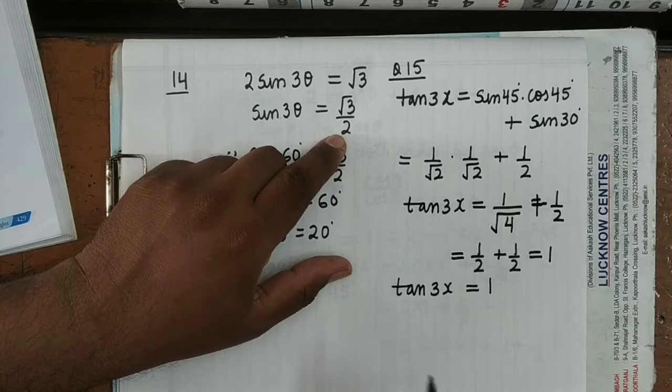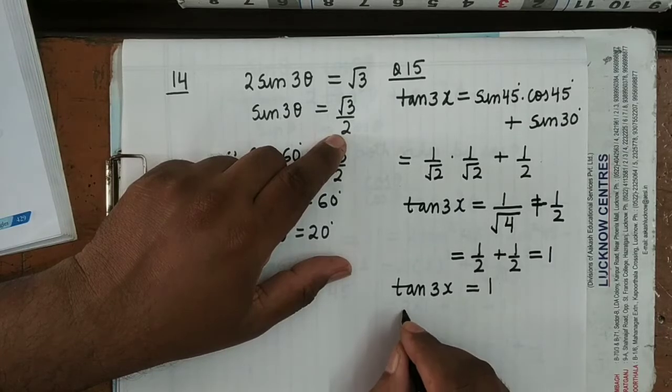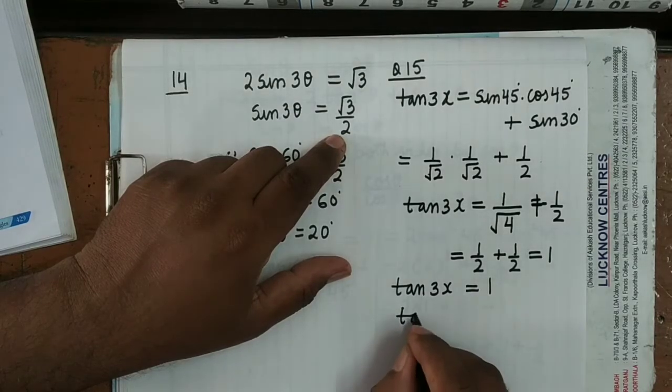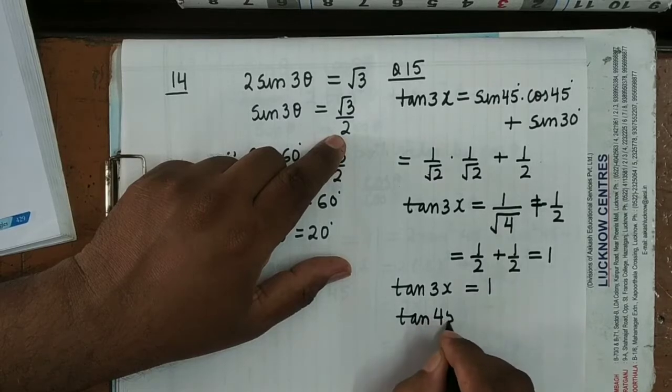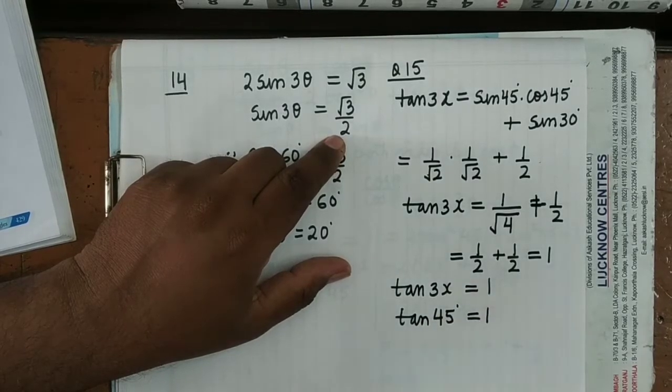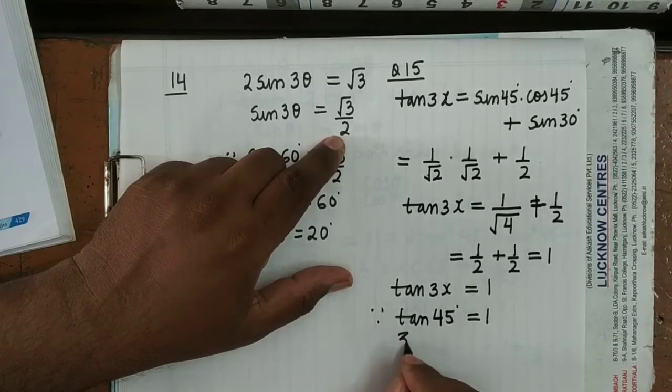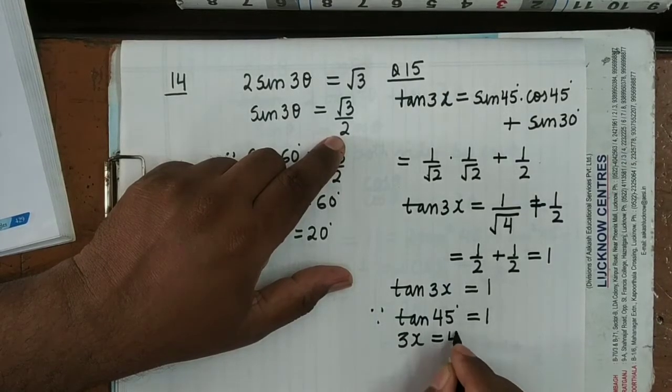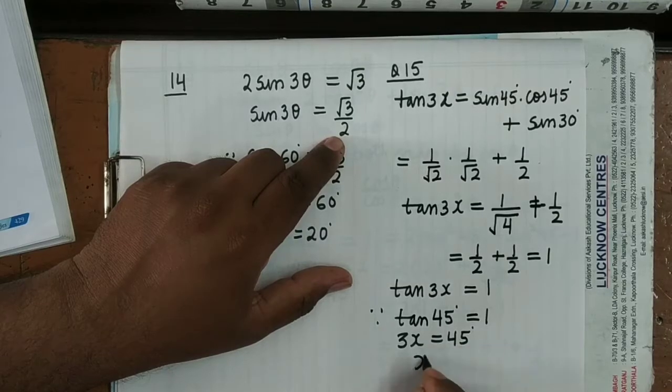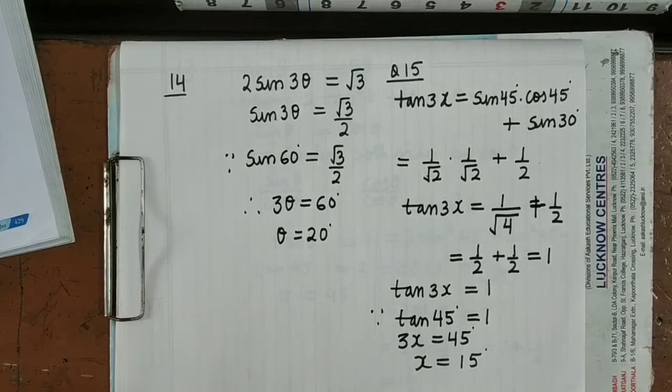Now for which angle is tan 1? So it is tan 45 degree, that you know. Tan 45 degree is 1. Therefore on comparing, 3x equals 45 degree. So x equals 15 degree. It will be equal to 15 degree.